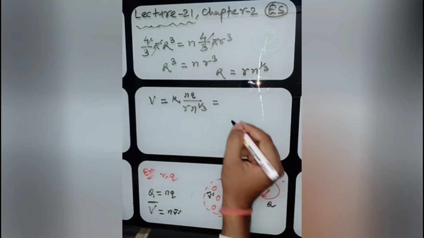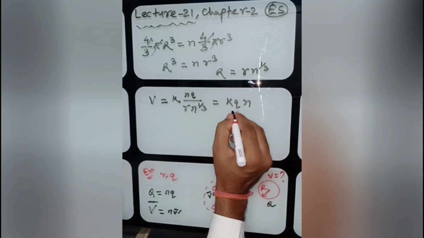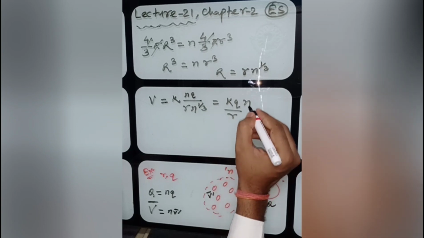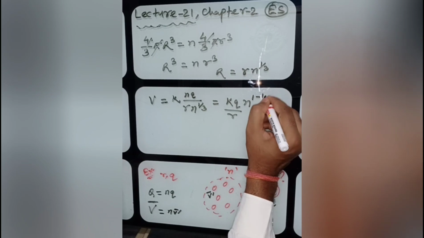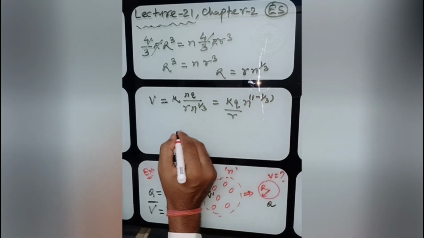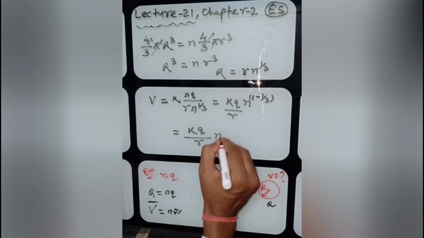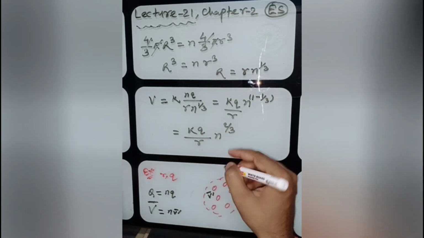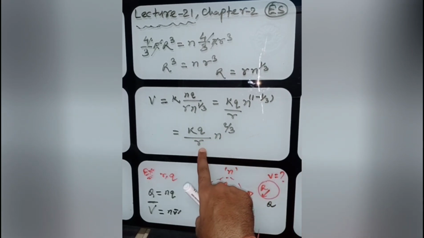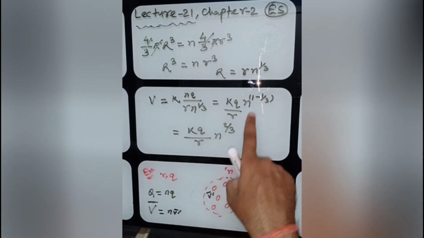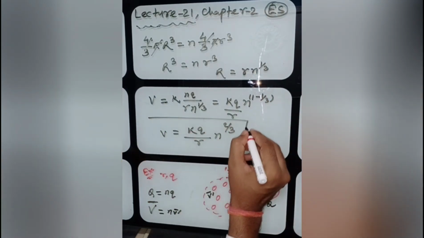Now it is a simple calculation you can do. k q n divided by r, we can write here n to the power 1 and here n to the power 1 by 3, so 1 minus 1 by 3. So this will be k q by r times n to the power 2 by 3. Are you getting? k q by r n to the power 2 by 3, 1 minus 1 by 3. And this is the potential.